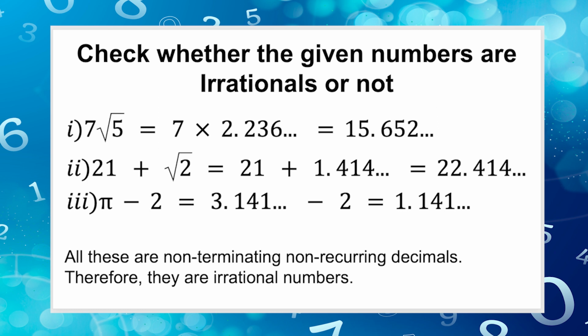No, it is also an irrational number. Similarly, we see pi minus 2. It gives us 1.141 and so on. This is also an irrational number as it is a non-terminating, non-recurring decimal. Hope students, you have understood the concept of irrational numbers.